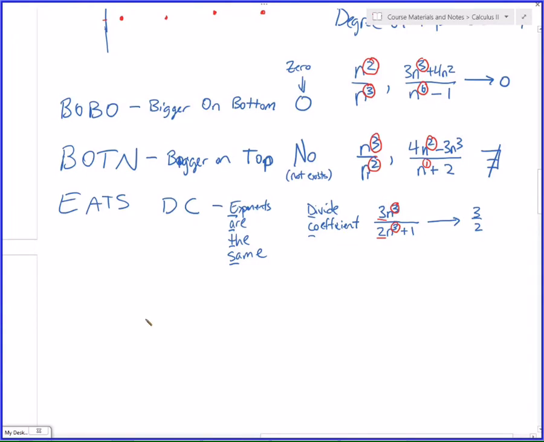Like if I had, let's say, 3n cubed plus 2n squared minus 1 divided by the square root of 2n to the 6th minus 7n cubed. And I say, what does that do as n goes to infinity?